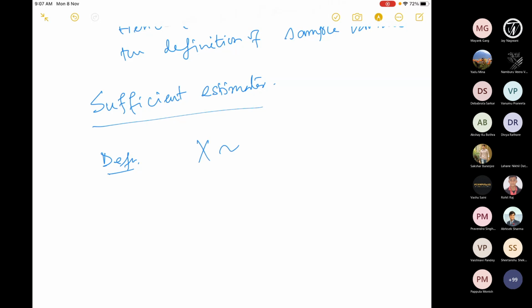Let's say again we have a population random variable capital X, which has this distribution, where theta is unknown, and x1, x2, ..., xn is a random sample of size n, so they are IID.